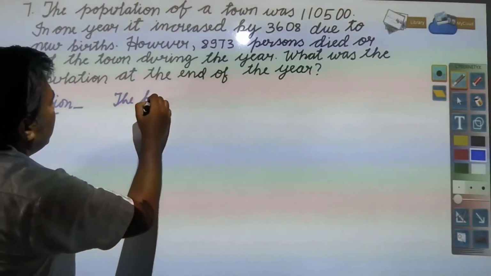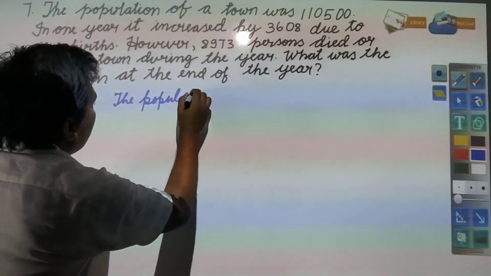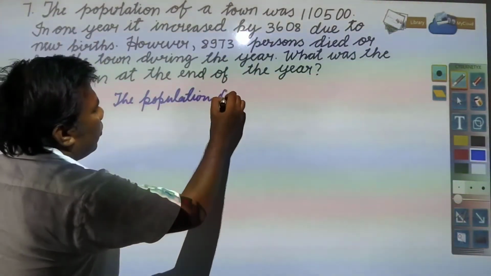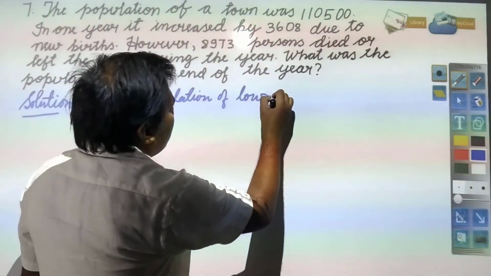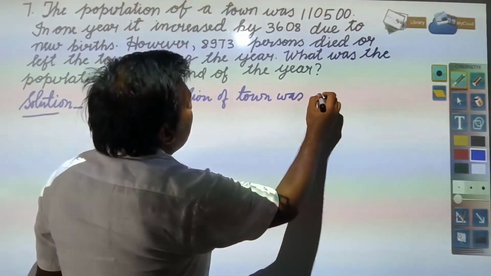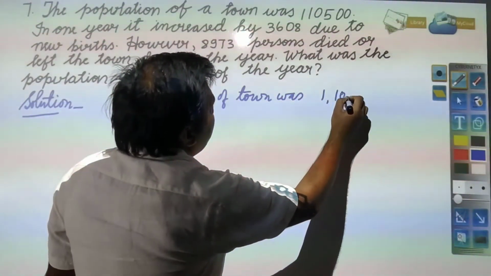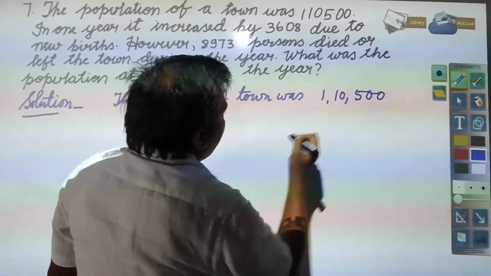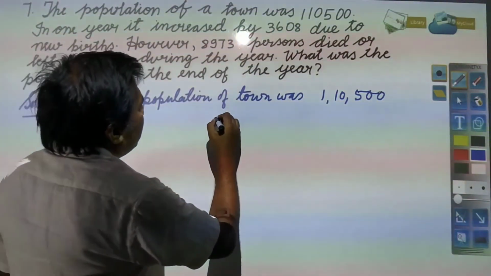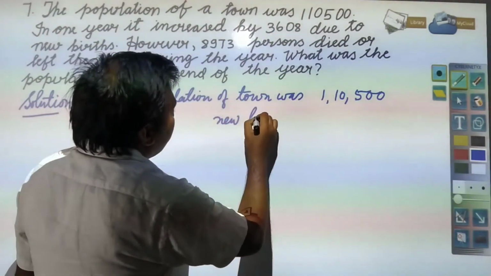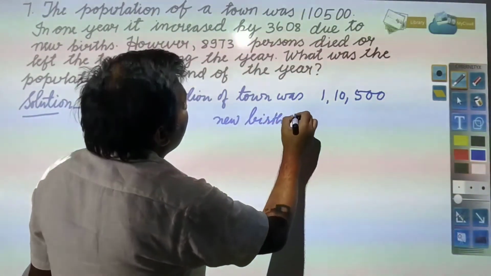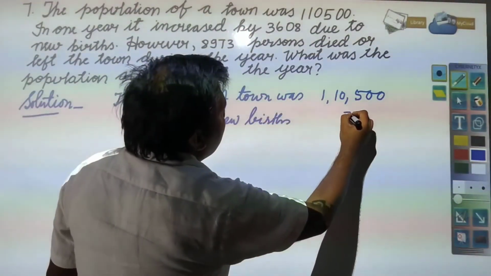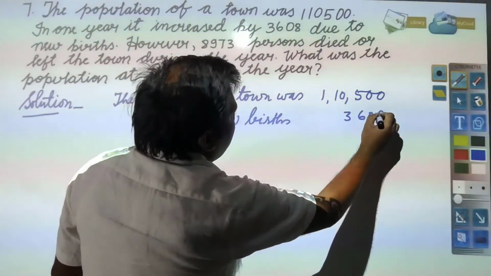The population of the town was how much? 1,10,500. New births, 3,608.